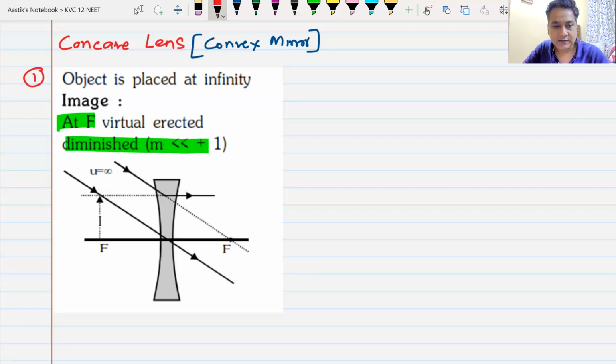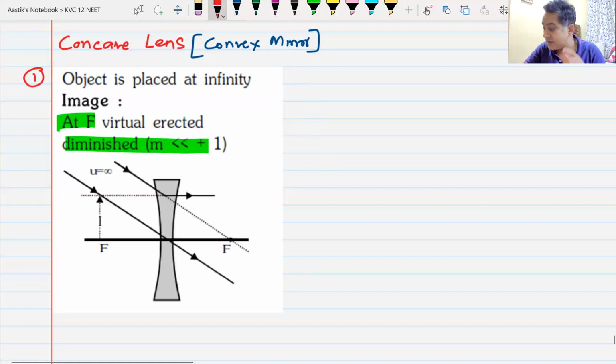What would be case number 2, my dear friends? Tell me, fatafat. Object placed in front of lens, object placed anywhere else. Whether you place it on the left hand side or on the right hand side, it doesn't matter.